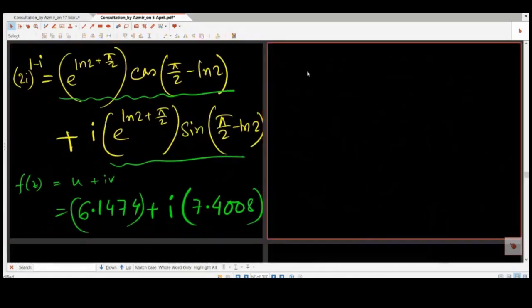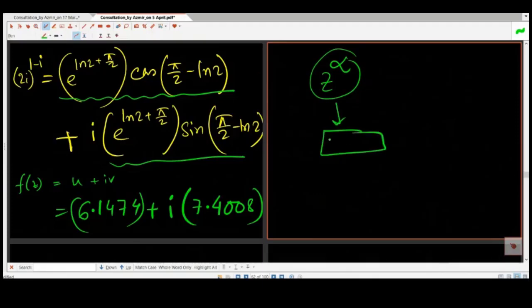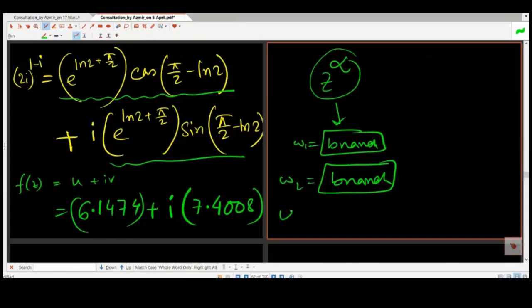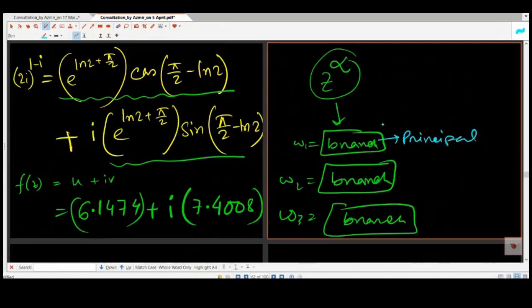So just like the logarithmic function, we can think about the complex exponential function. The complex exponential function is a multi-valued function. From here we will get different branches. So branch 1, branch 2, let's say these are W1, W2, W3. Out of all these branches, the first branch is known as the principal branch because it is found from n equals 0, then n equals 1, then n equals 2.